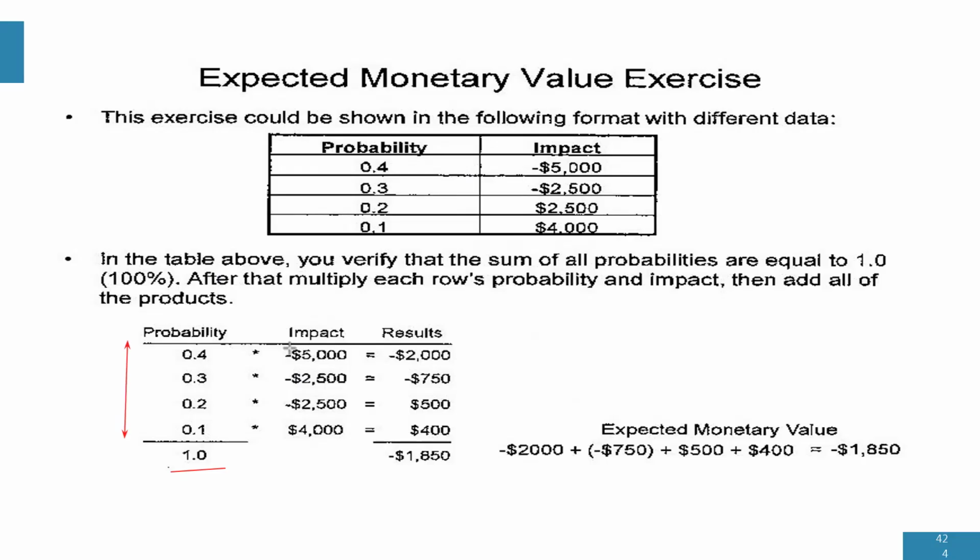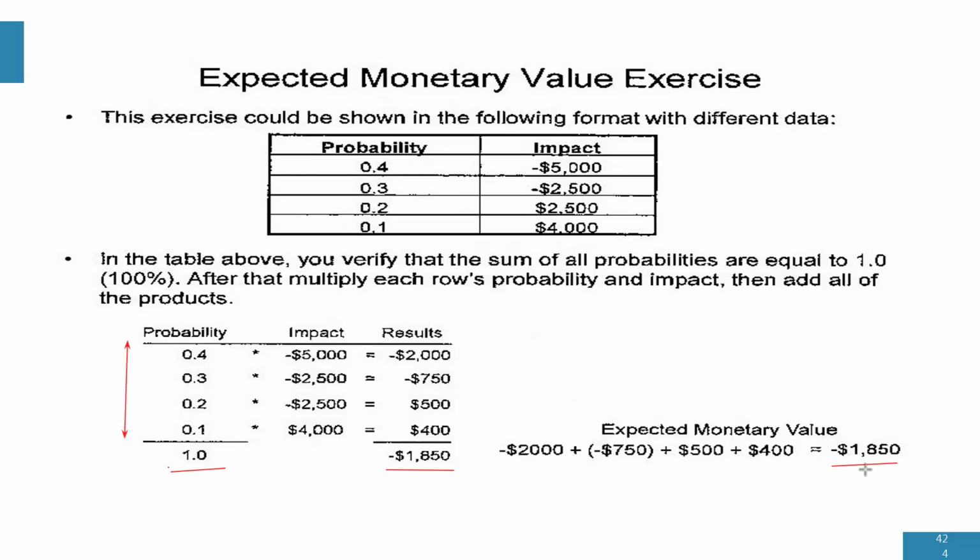So with probability and impact, multiply probability and impact for all the risks, and this gives us minus $1,850, and that would be the expected monetary value. Now, what does expected monetary value give us? The expected monetary value tells us what we should expect to get at the end of the project.